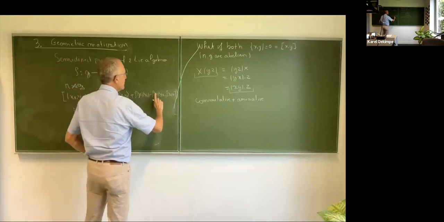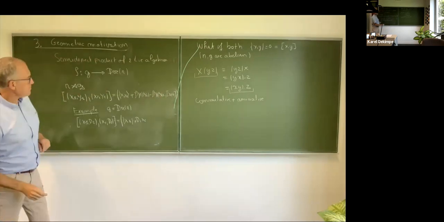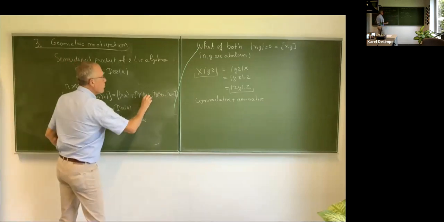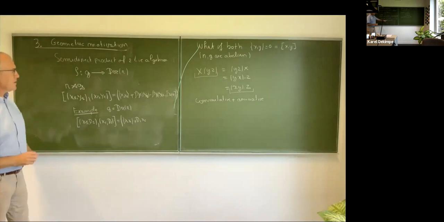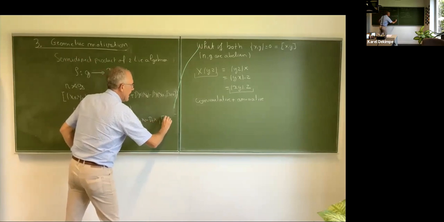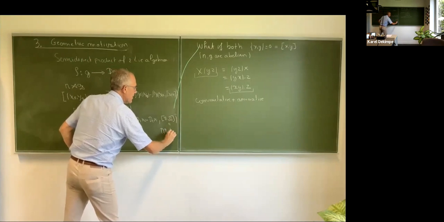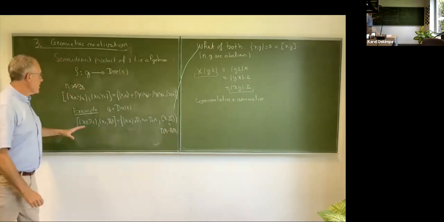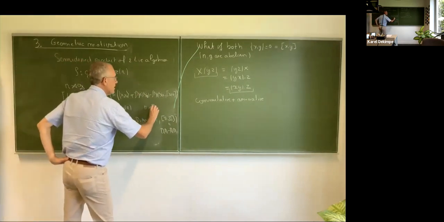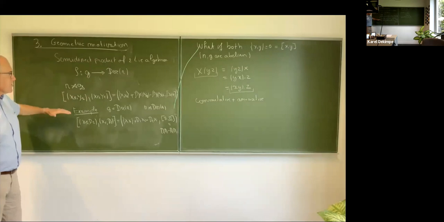It's the d's who act on the x's: ρ1 on x2 minus ρ2 on x1. So this is d1 on x2 minus d2 on x1. And then the bracket of the derivations, which is of course just d1 d2 minus d2 d1. So this is the semidirect product that I will encounter today, but this is a general construction.